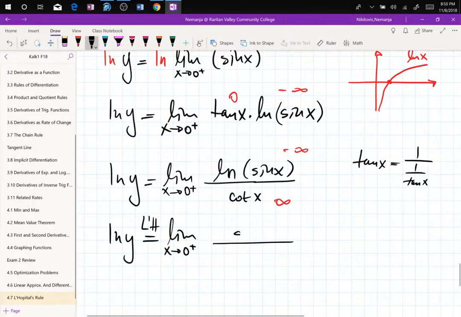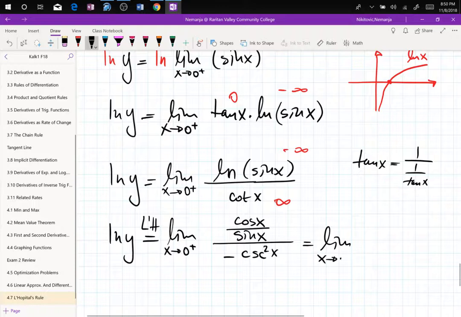Numerator, put sine x, the derivative of ln sine x is cosine x over sine x, that goes on top, and the derivative of cotangent is, what is the cosecant squared?